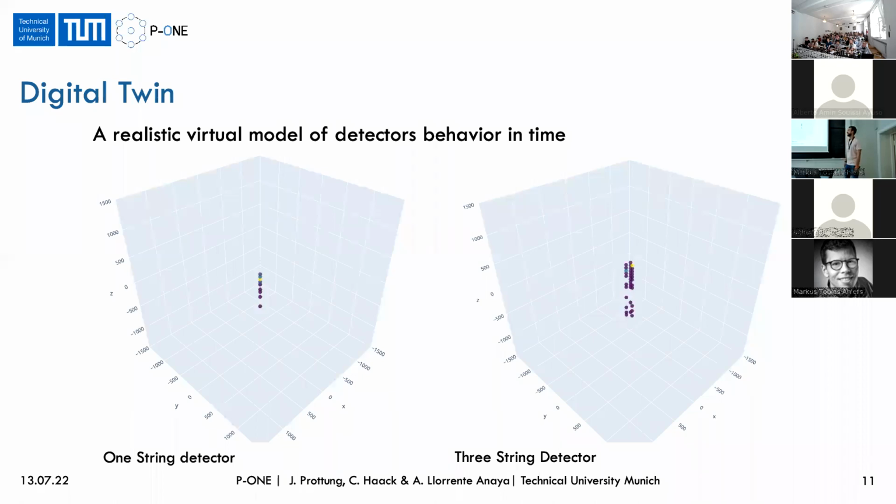So we simulate the events, and then we do a digital version of the final detector where we can, over a certain period of time, really simulate how the detector behaves in its final version, as close as we can approximate it right now.